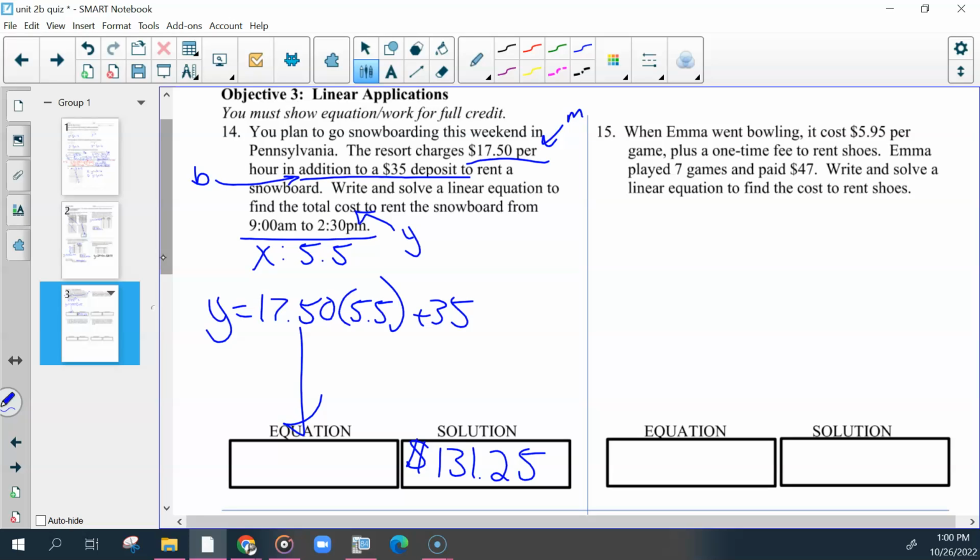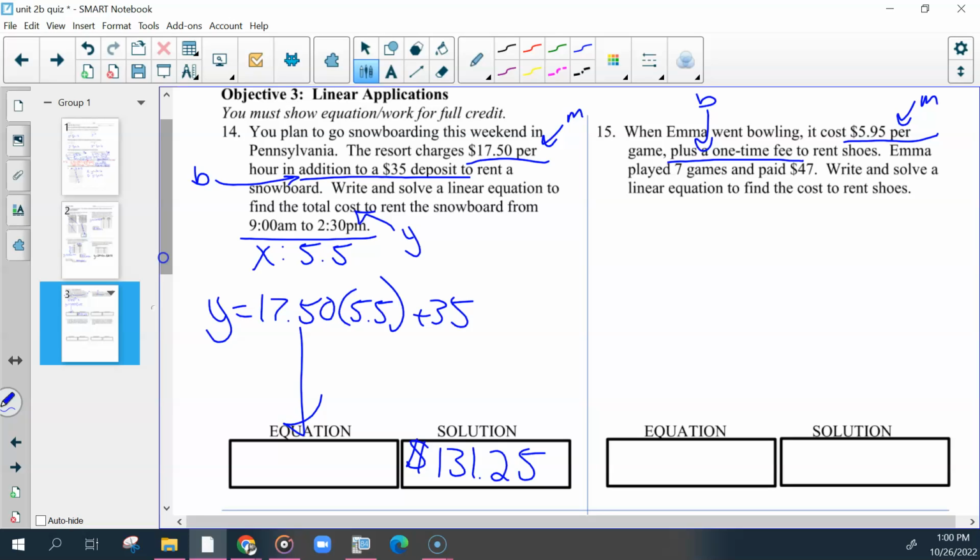For 15, it's similar. You have something that says per, so that's M. Here it says something about a one-time fee, so that's your B. And then we have X and Y. Technically, this is the type where you can use point slope, but if you didn't do that, that's okay. Again, if you're not sure which is X, which is Y, would number of games depend on cost?